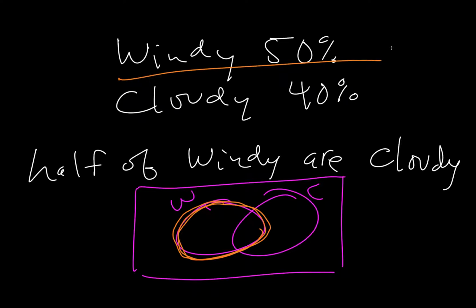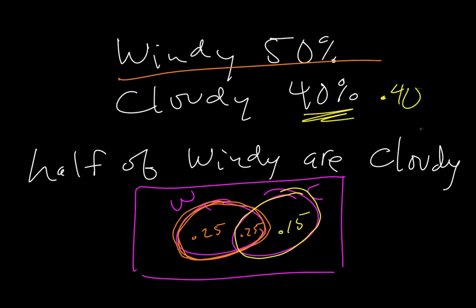So we know 50%, so that means 0.25 is there, and 0.25 is here, because half would also be cloudy, and then we have to make this circle add up to 50%. Now, we look at this 40% or 0.4, and we need the rest of this to jump up. So this entire circle is 0.4. We would add 0.15. 0.15 plus 0.25 would be 0.40.